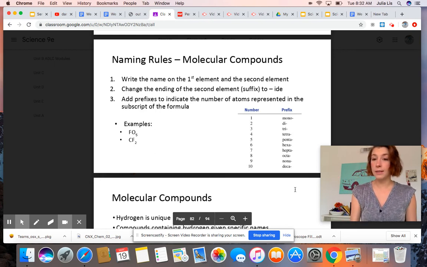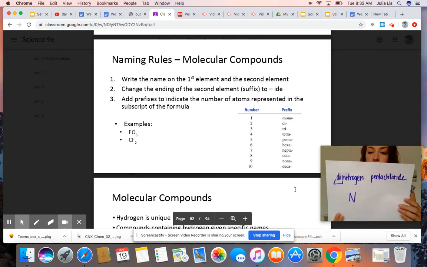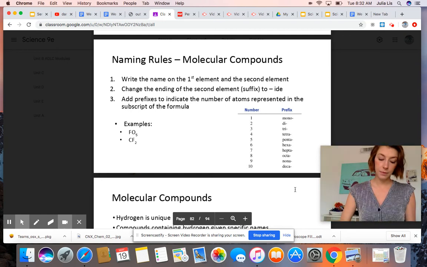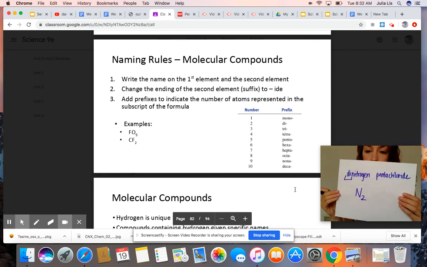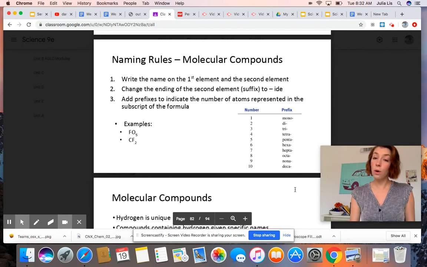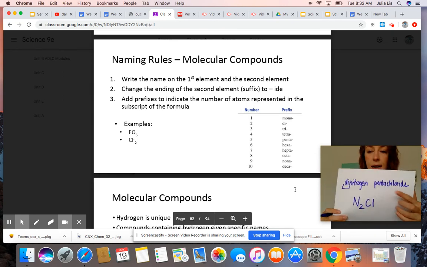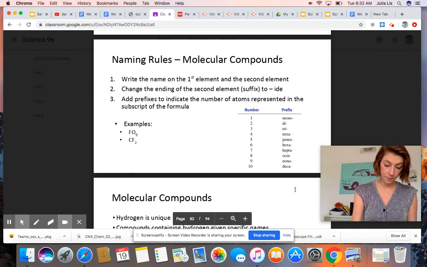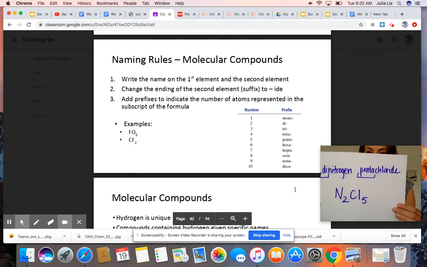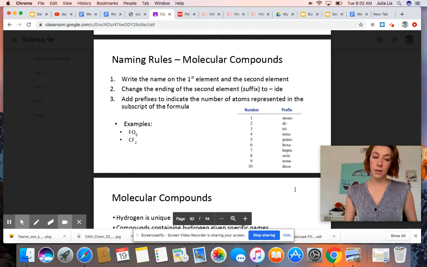Then you're going to find the symbol for nitrogen. So the symbol for nitrogen is N. You're going to tell me that you have 2 of them. So write the little subscript 2. And then chloride is Cl, chlorine. And you're going to find the prefix for penta is 5. So you're going to write 5. Okay? And so that's molecular compounds.